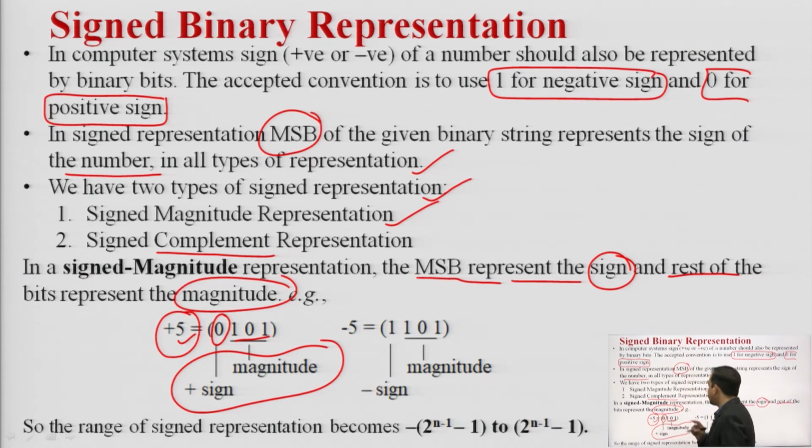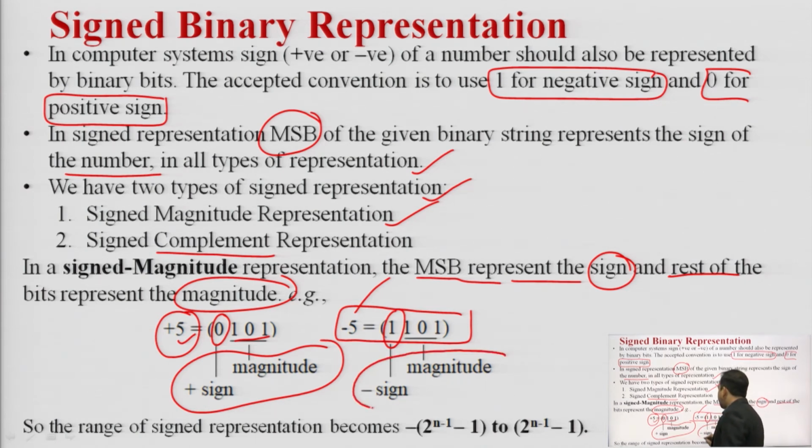So it is plus 5. Similarly over here, for minus we have 1, and corresponding to 5 we have 101. So if we have 1101, it will be understood that in sign magnitude form it corresponds to minus 5.